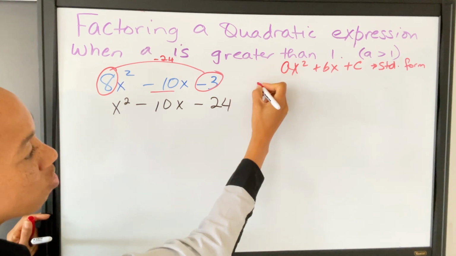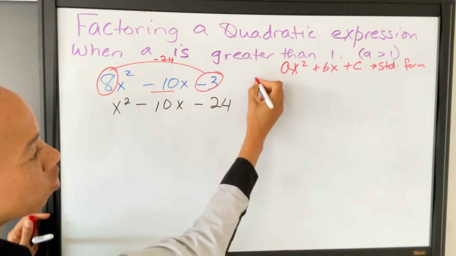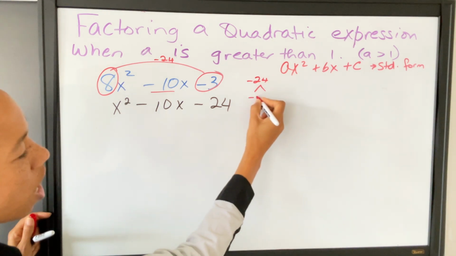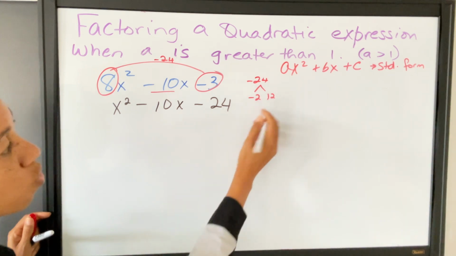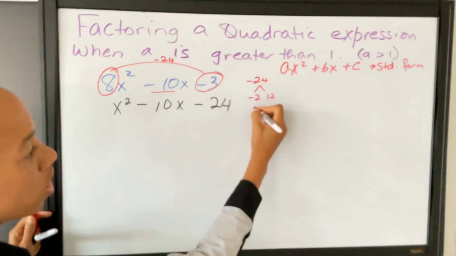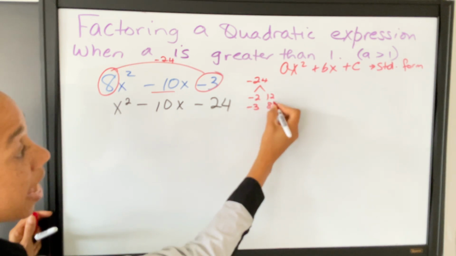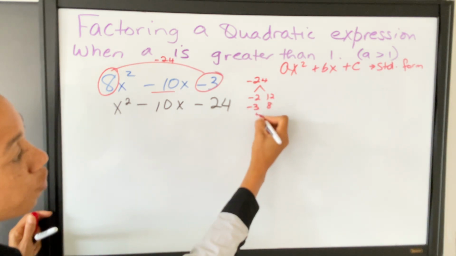So I can literally write the factors of 24. I can do it off the -24 on the side here. You can start off with 2 and 12, where one is positive, one is negative, or you can do 3 and -8, or you can also do 4 and 6.